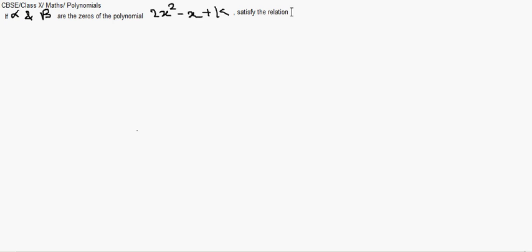3 alpha plus 3 beta plus alpha beta equals 0. Then find the value.